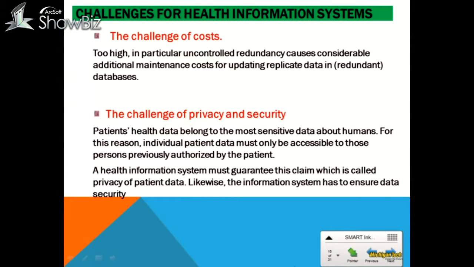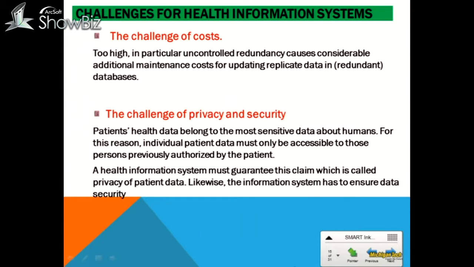That's a challenge. The last challenge, also an important one, is privacy and security. Privacy and security are a challenge for any information system, not just health. But health especially. Why? Because the health system includes things that only the patient, or perhaps his doctor, wants to know, but other people should not know.